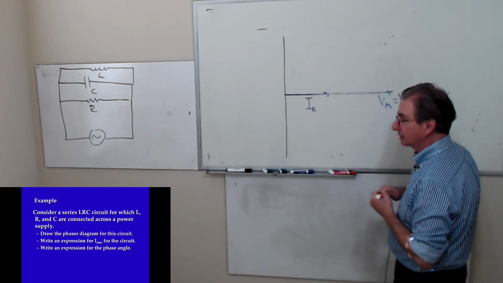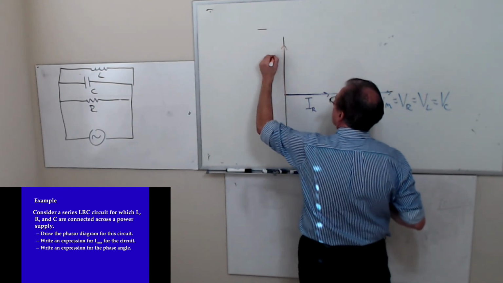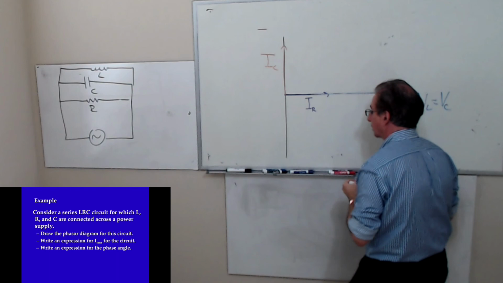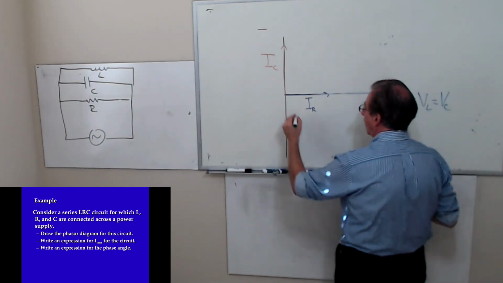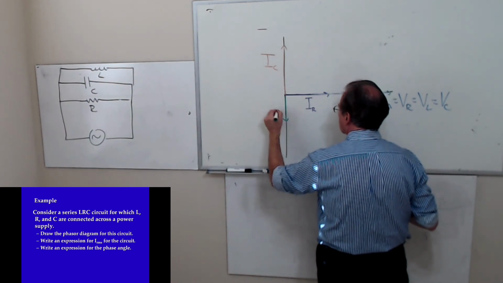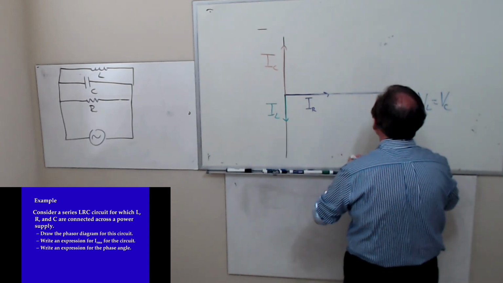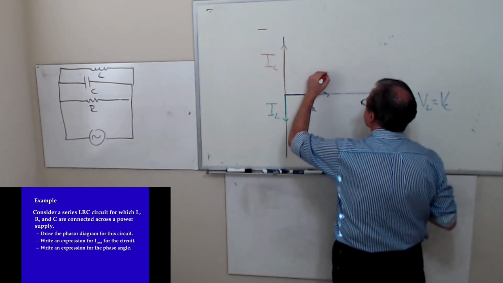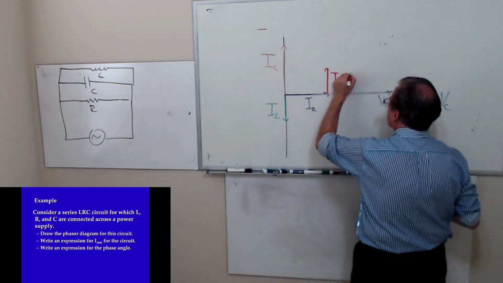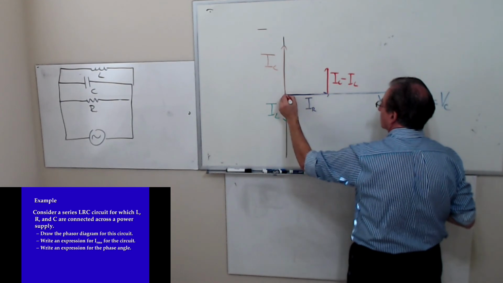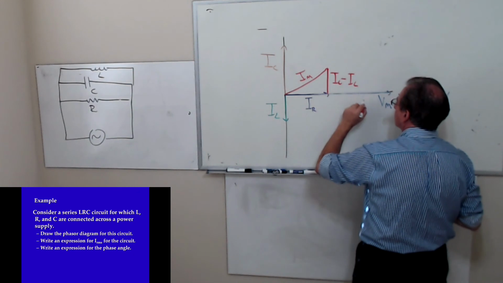The capacitor current leads the voltage. The inductor current lags the voltage. The sum of the two gives me that.